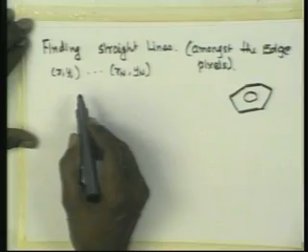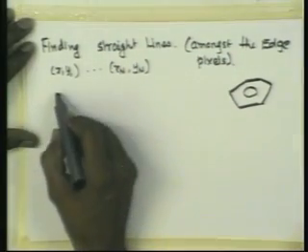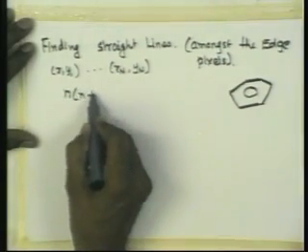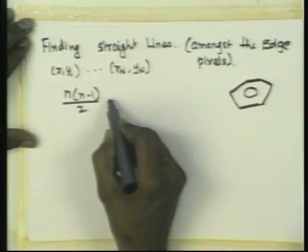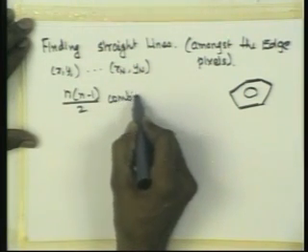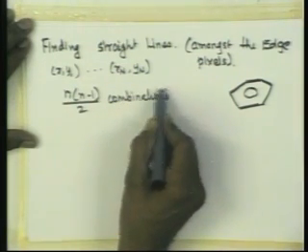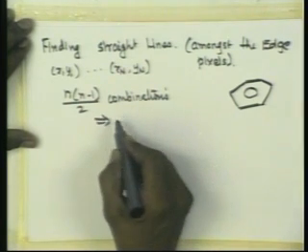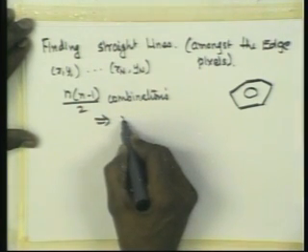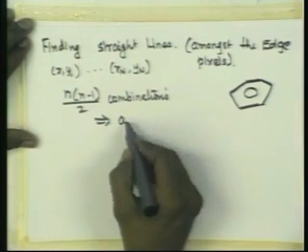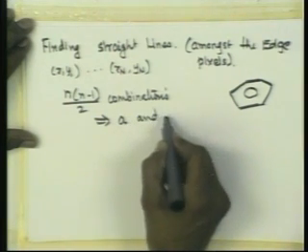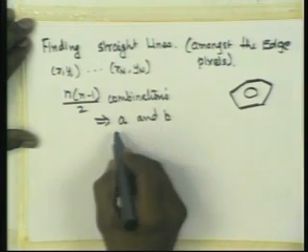I can do this for all n times n minus 1 divided by 2 combinations, which will result in some value of the slope, let's call it a, and intercept, let's call that b.